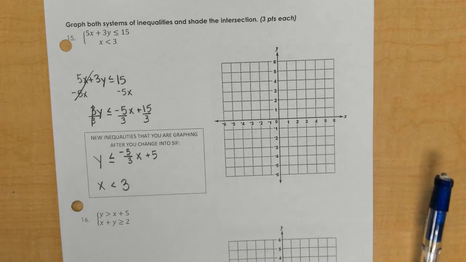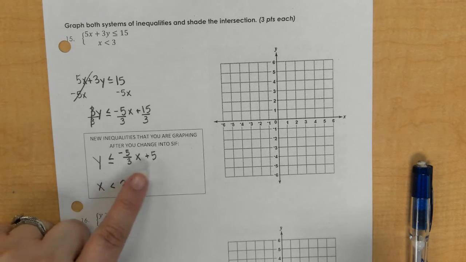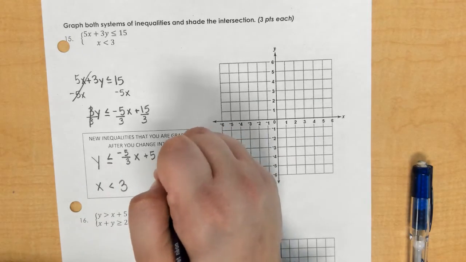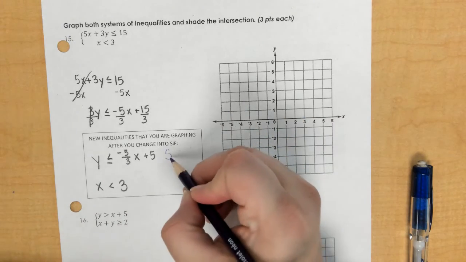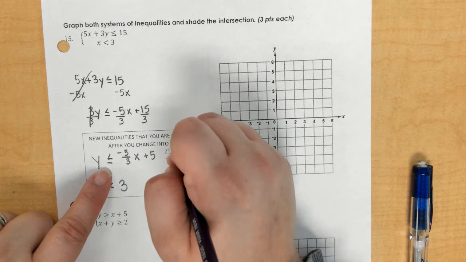I also need to decide if I'm dashed or solid and up or down, like how I shade. So for the first one, that little equal to line means that you're going to have a solid line. So S for solid. This is less than or equal to, which means you shade down.